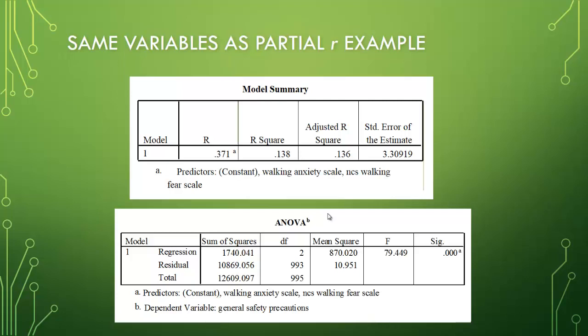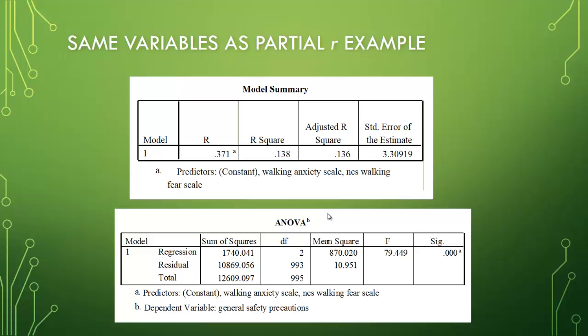So this is the same example as the partial correlation that we looked at previously. So we have general anxiety and fear. They account for 13.8% of the variability in the dependent variable. And if you look down to the box below that, you'll see that the dependent variable is safety precautions.